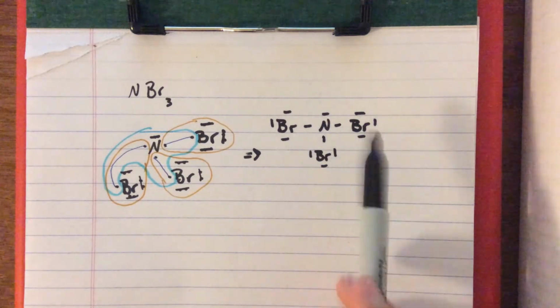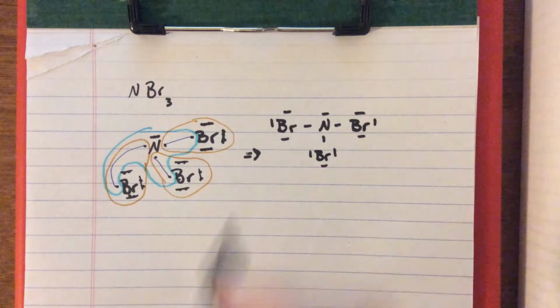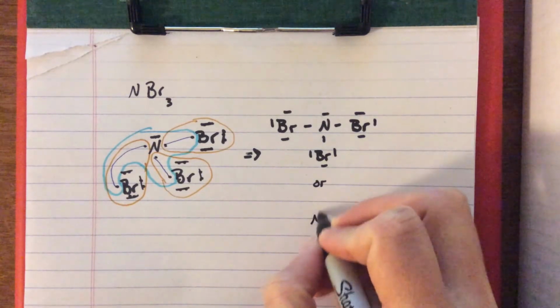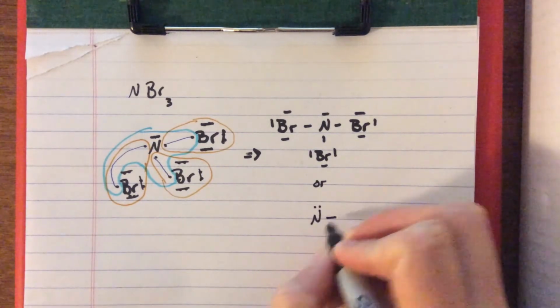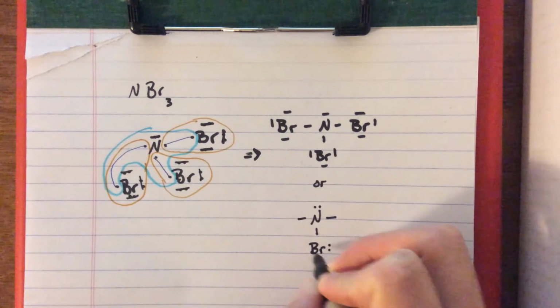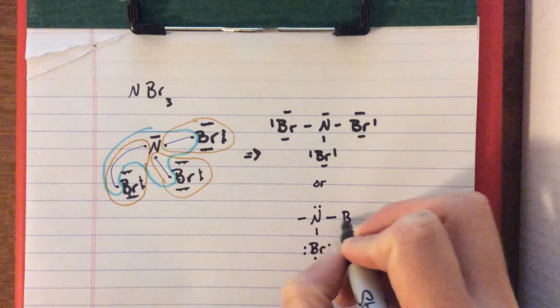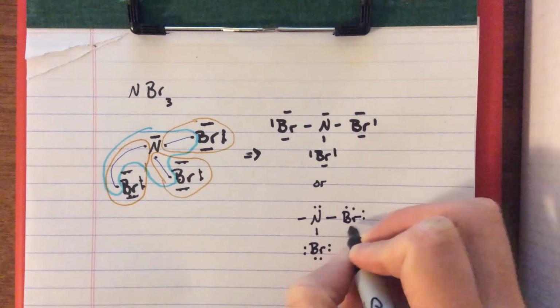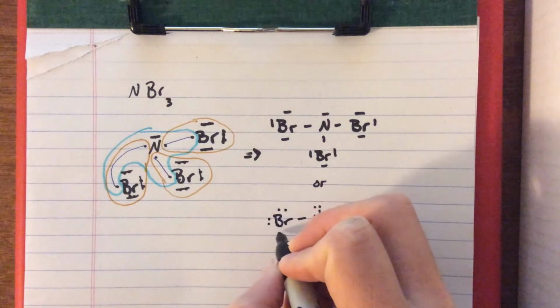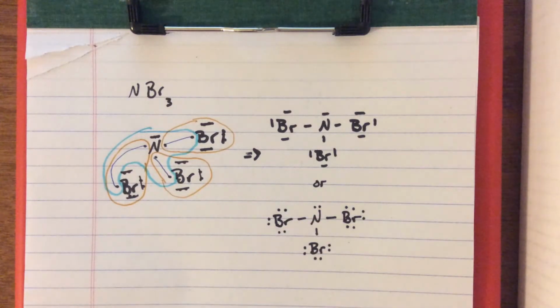Some people find all of these short lines confusing, and they prefer to draw the non-bonding pairs as dots, right? And reserve only the bonds for the short lines. So you might see something that looks more like this, with all of those non-bonding valence electrons shown as dots. Either is fine, it communicates the exact same information.